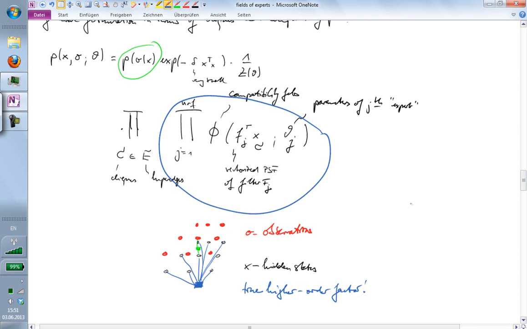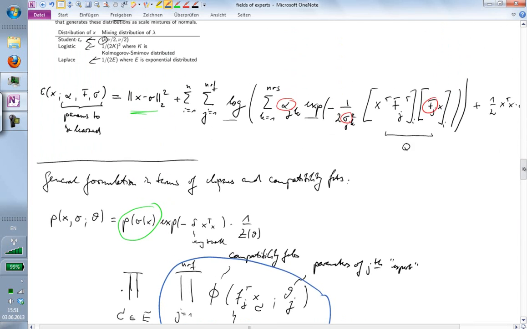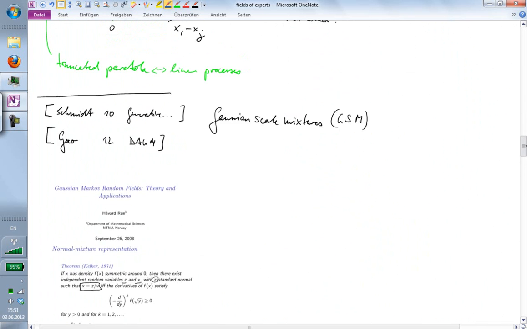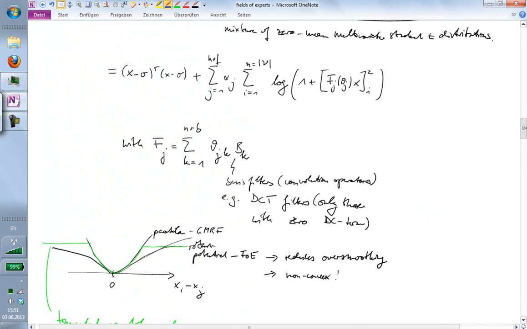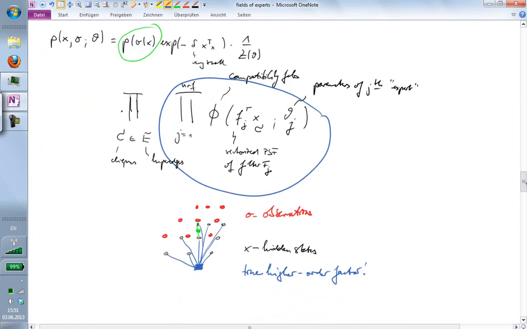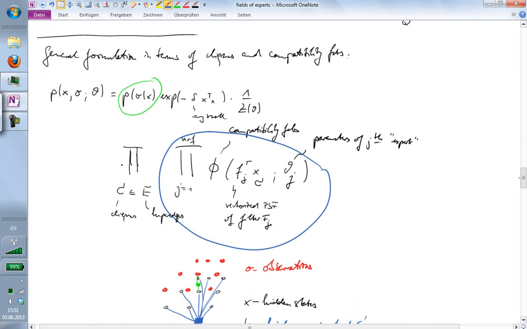So they look like higher order derivatives, for example. So further up, I show two formulations in the energy domain using different types of robust potentials or heavy-tailed distributions that were combined. And down here, I've now written this in terms of cliques of the probabilistic graphical model.